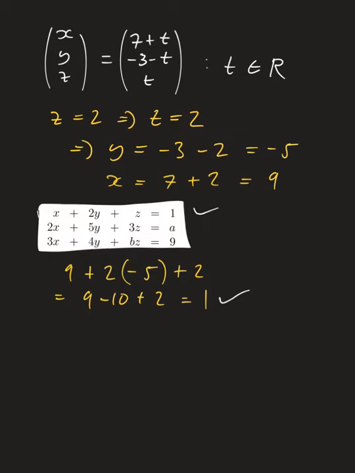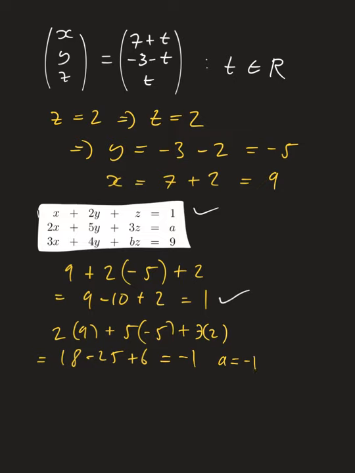Now the second row, 2 times x, which is 9, plus 5 times y, which is minus 5, plus 3 times z, which is 2. That is equal to 18 minus 25 plus 6, which is equal to minus 1. And we see in the equation that that's a, but we have from before that a is equal to minus 1 in this case. That was the condition for the infinite solution. So we're good. That's that second one checked.